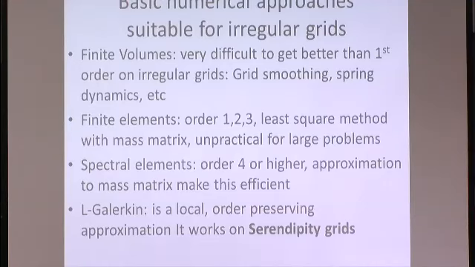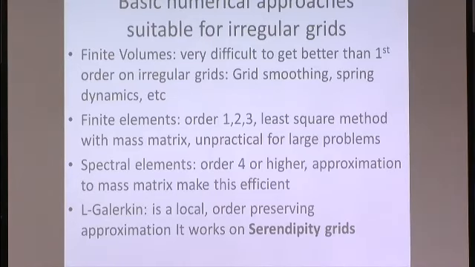The way it is used is by approximating the mass matrix, and then they have another name, they are called spectral elements. And for some reason they are used only for order 4 or higher.